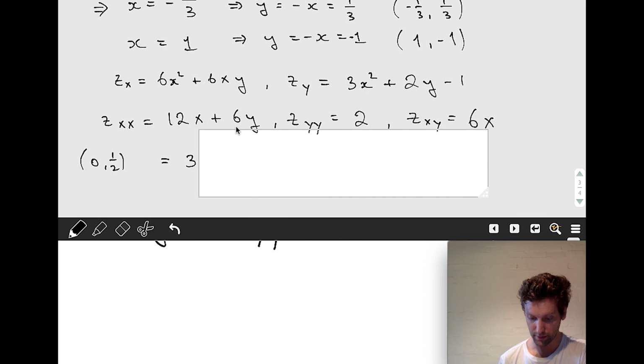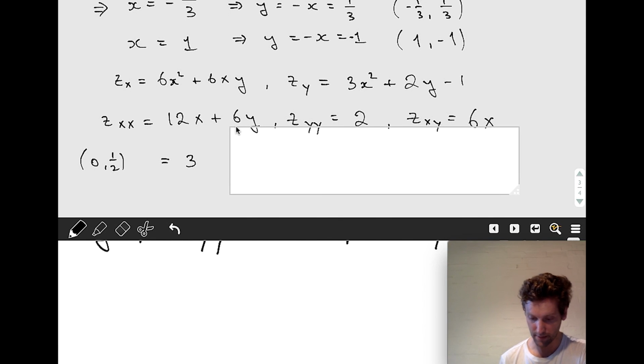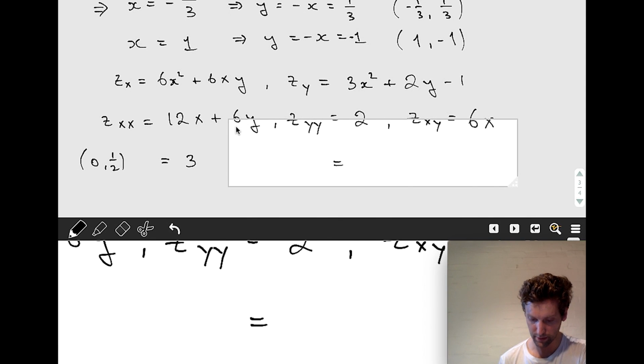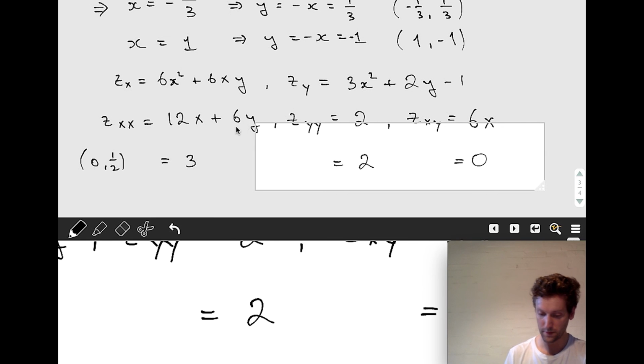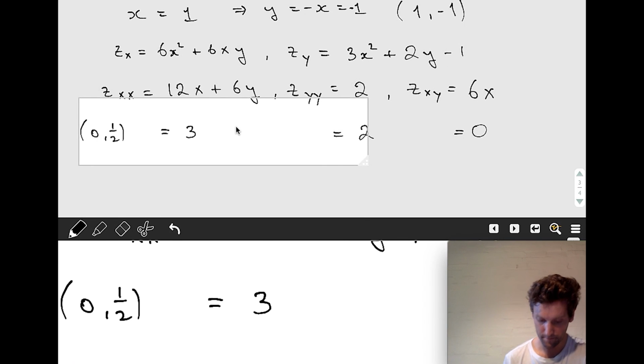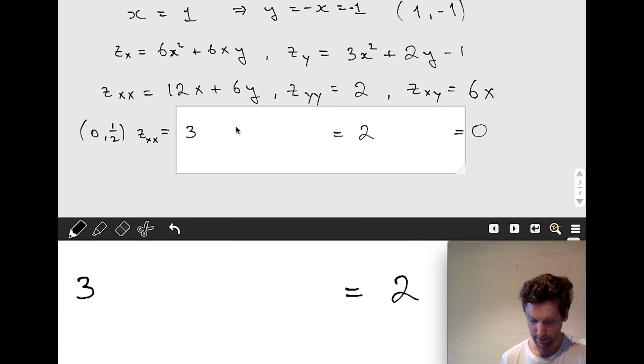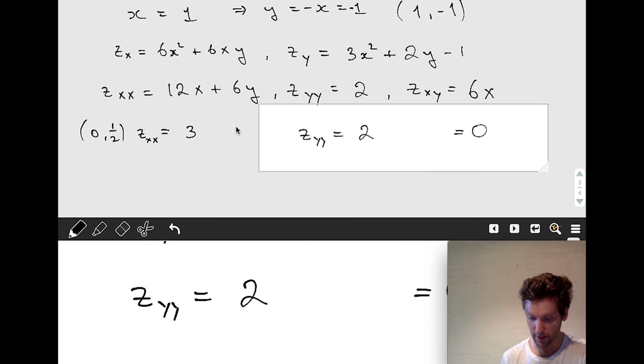The second derivative with respect to y, well, that's the same, it's just going to be equal to 2. And the mixed derivative, 6 times x, well, x is equal to 0, so this is equal to 0. So those are our second derivative with respect to x, second derivative with respect to y, and the mixed derivative.